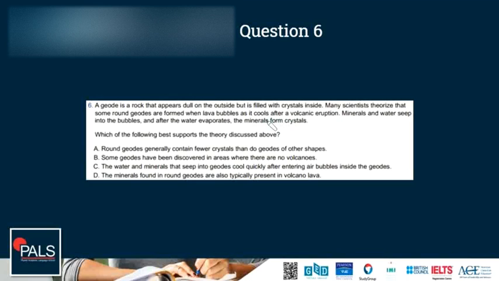For sure, these minerals must have been in the lava beforehand for them to be present in the geodes after. So that statement definitely supports the theory above. So the correct answer here is D.